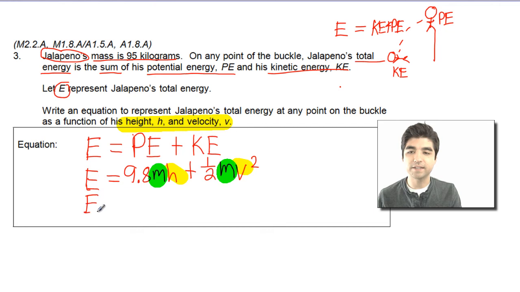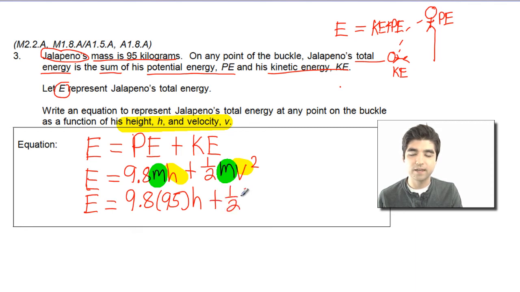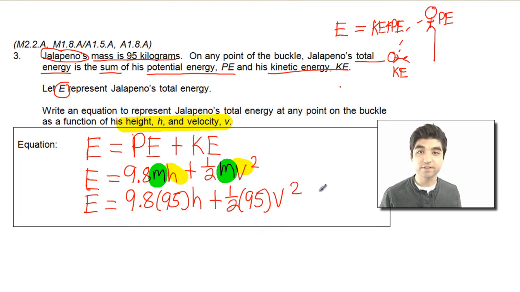So we can write E equals 9.8, and our mass is, Jalapeno's only 95 kilograms, and that's times height, plus 1/2, the mass is 95, times velocity squared. Now you can either leave the equation like this, or if you're a superstar, you can multiply 9.8 times 95, just put those numbers together and then have it slightly more simplified, if you know what I mean.